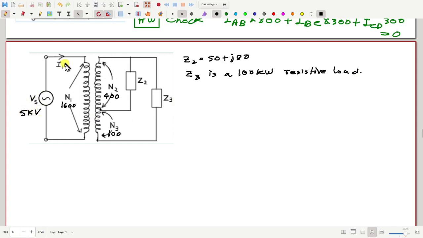We have to find out how much is this primary current. So the question is, how much is I1? And how much is the input power? These two are the questions.